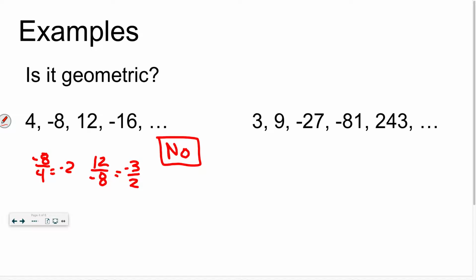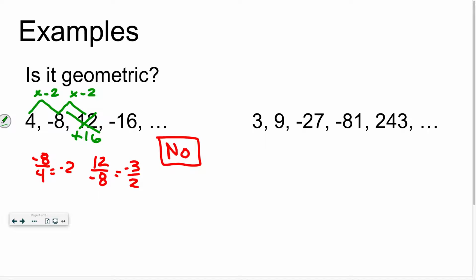Or some people might think about it like, to get from 4 to -8, I did times -2. Did I do -8 times -2? No, this would have been positive 16. So then it's not geometric. There's a lot of ways for you to think about that to get the correct answer there.